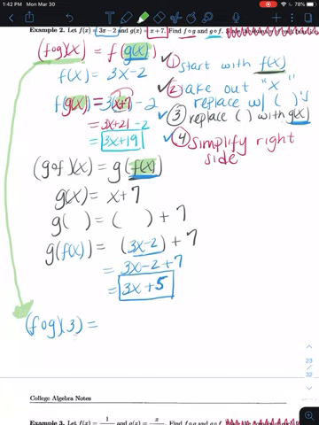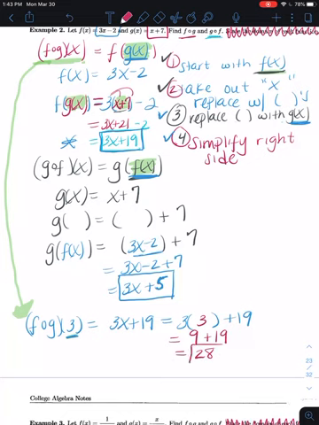Well, they tell us here x is now going to be 3. Well, what's the answer to that? When we did all that work, the answer to that was 3x plus 19. So in place of x, I'm going to plug in a 3. So 3 times 3 is 9. 9 plus 19 is 28.